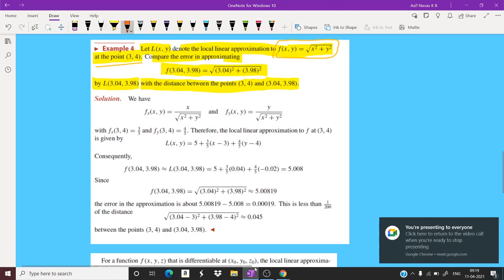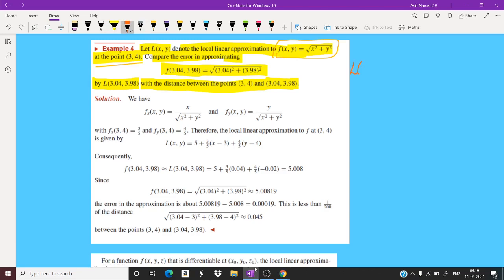We know that the local linear approximation L(x, y) is, by the formula, f(x₀, y₀) plus f_x(x₀, y₀) times (x − x₀) plus f_y(x₀, y₀) times (y − y₀). So this is the formula for finding local linear approximation.